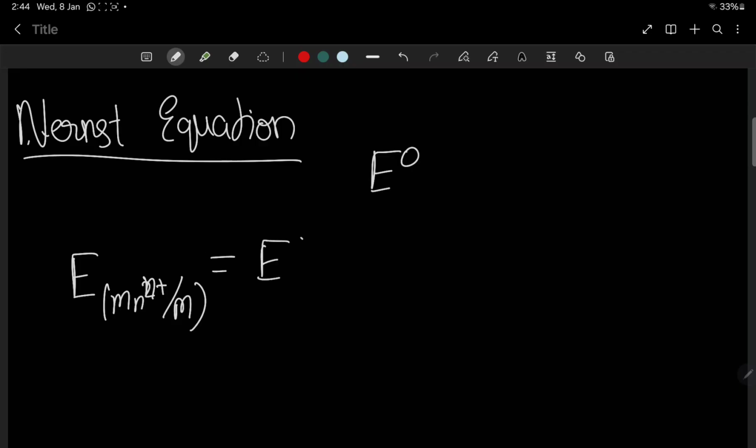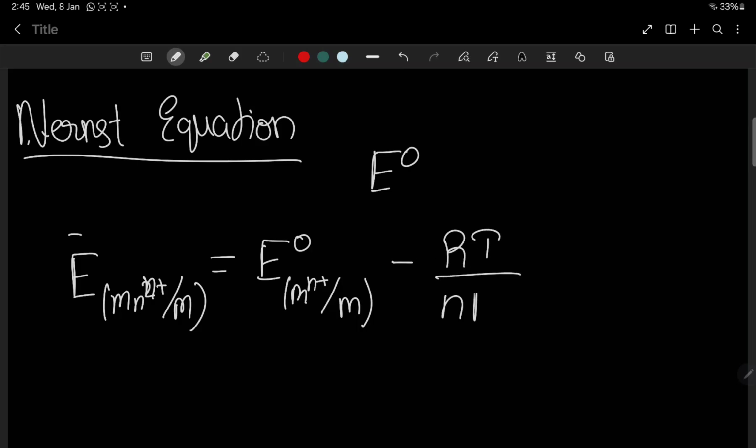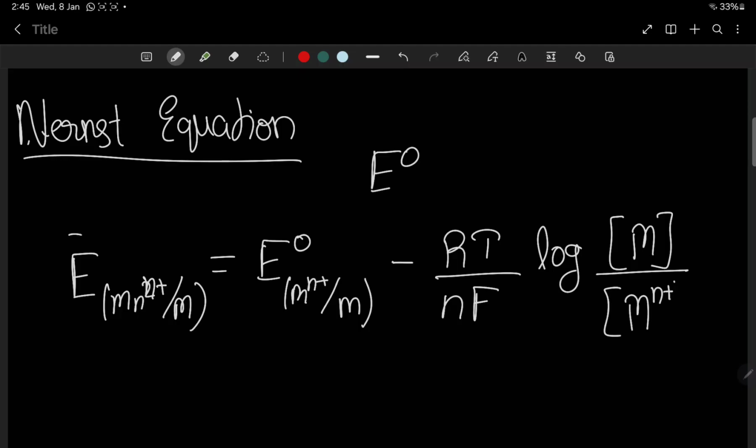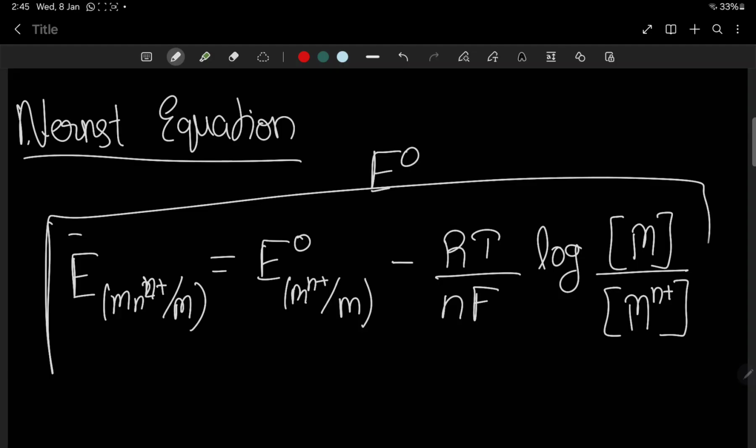So he found the equation that E of a given cell, at a specific temperature or concentration, is equal to E naught of the cell, that is the standard electrode potential of the cell, minus RT by nF log M by Mn+. This was the equation he got.